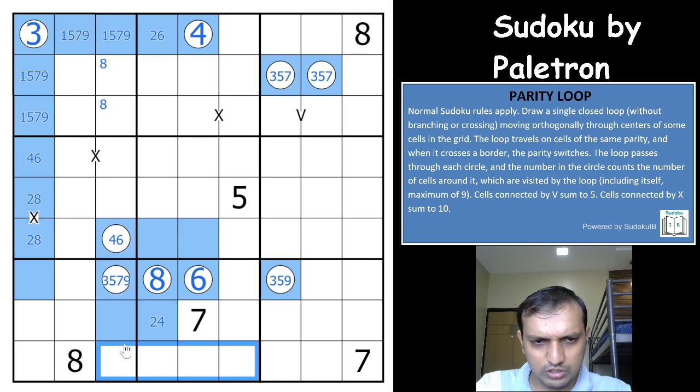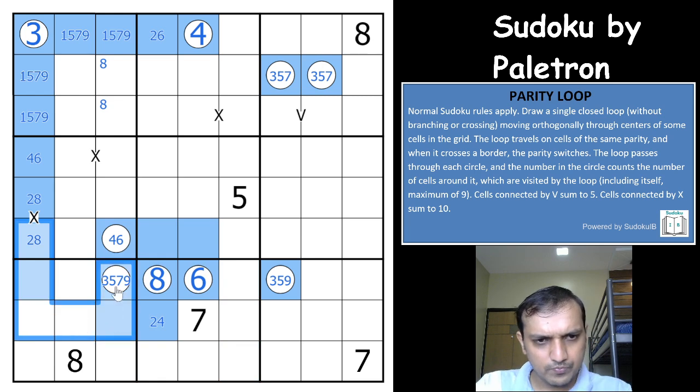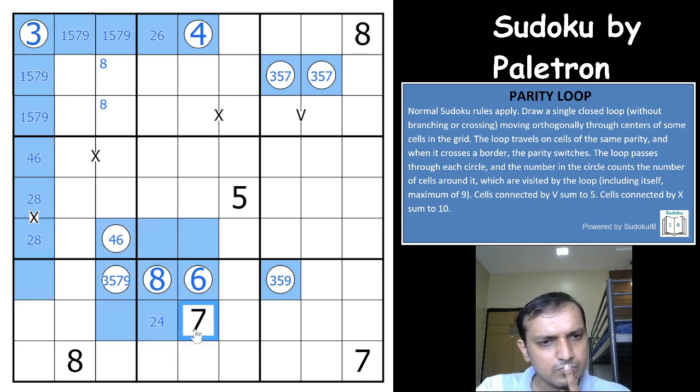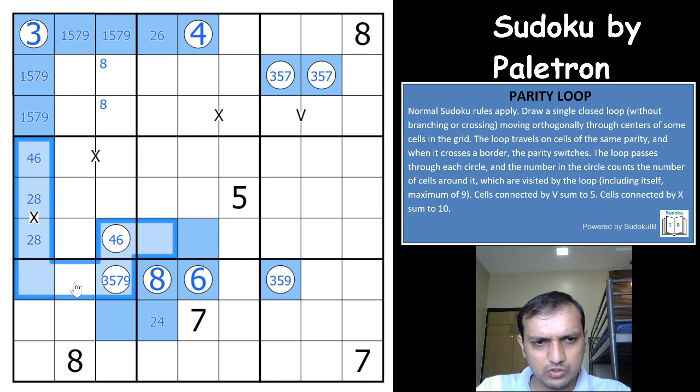You will have more than 4 cells in this box as part of the loop. So it has to go down. This is also not possible, because then how will it go this way? It will again have more than 4 cells. Am I making any mistake here? So we are sure that it has to go this way. It cannot go this way, so it has to come down.